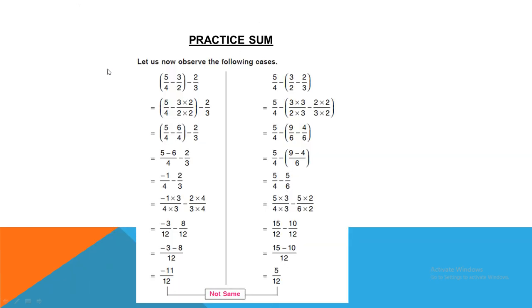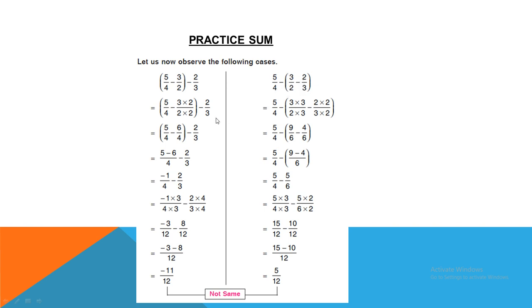Let's do one practice sum. Check that the associative property is not satisfied for subtraction of rational numbers. I am taking here three rational numbers, 5 by 4, 3 by 2 and 2 by 3. First we subtract 5 by 4 minus 3 by 2 and then we subtract 2 by 3 from this. On the other side, from the first number 5 by 4, we subtract the difference of 3 by 2 and 2 by 3.